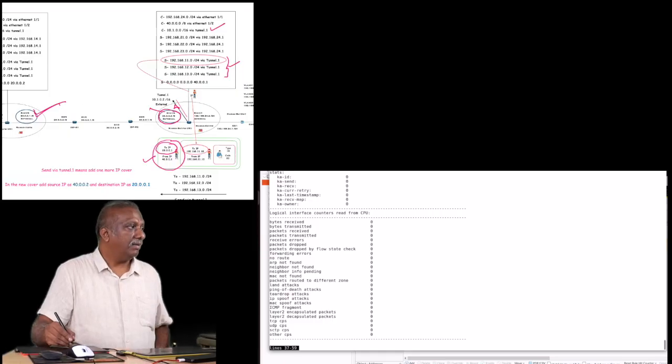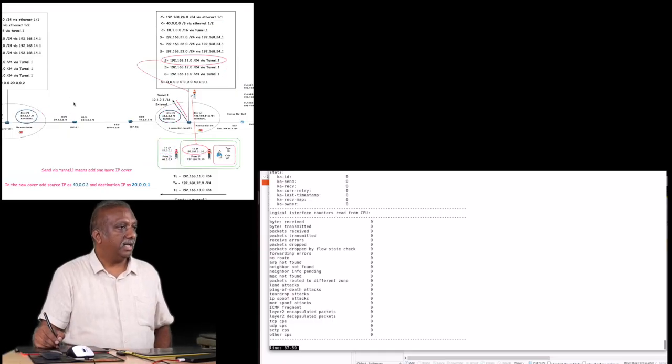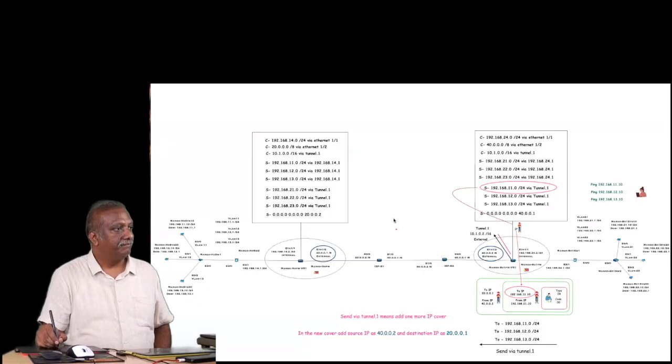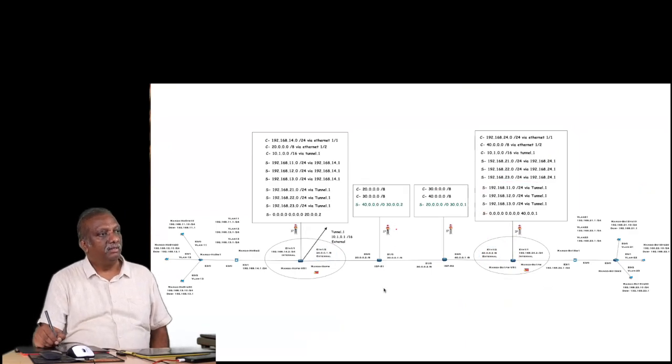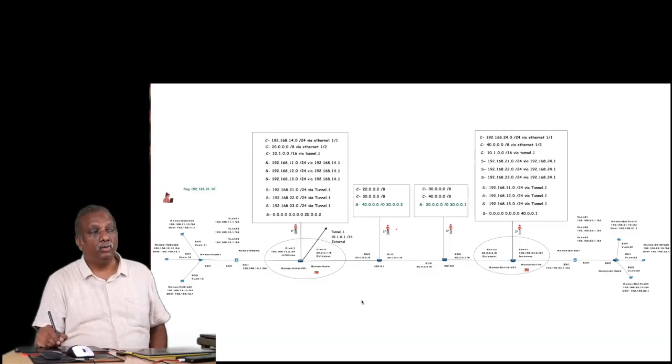Now let us see what happens when the packets go. Now I go to the diagram again. Now we have seen the routing tables of the HO firewall, ISP router, ISP R2 router, and also the branch office firewall. Now let us see, if somebody is sitting on this port 11.10, they give the command ping 192.168.21.10.